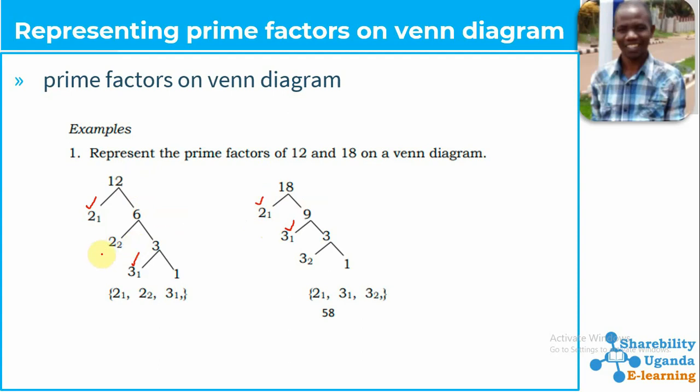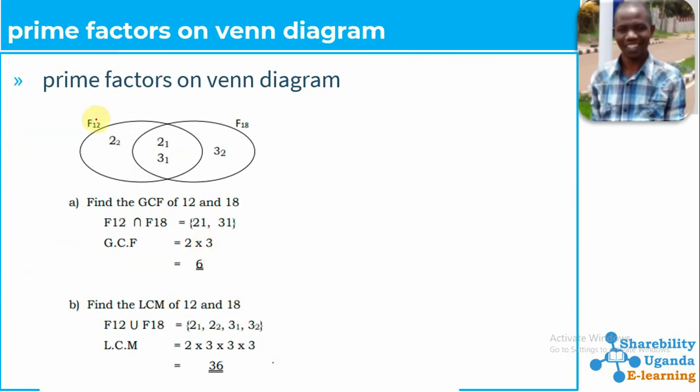So we have only those that are remaining. We have a 2 here that only appears in 12. We also have a 3 that only appears in 18. So we shall first identify those that appear in both, then we put them together. When we put them on the Venn diagram, remember we are having the prime factors of 12 and the prime factors of 18. So we shall have our 2 and 3 here, because they appear in both 18 and 12.